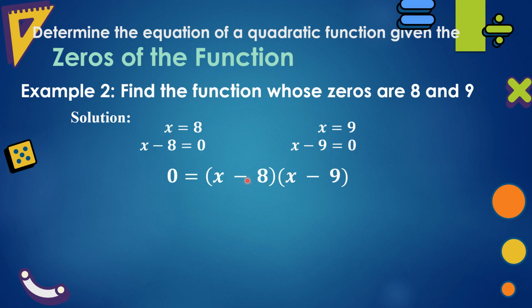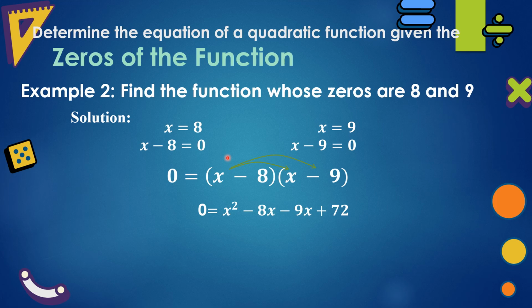Multiply the factors. Since the value of each factor is 0, when you multiply them, 0 times 0, you will get 0. X times x, x squared.